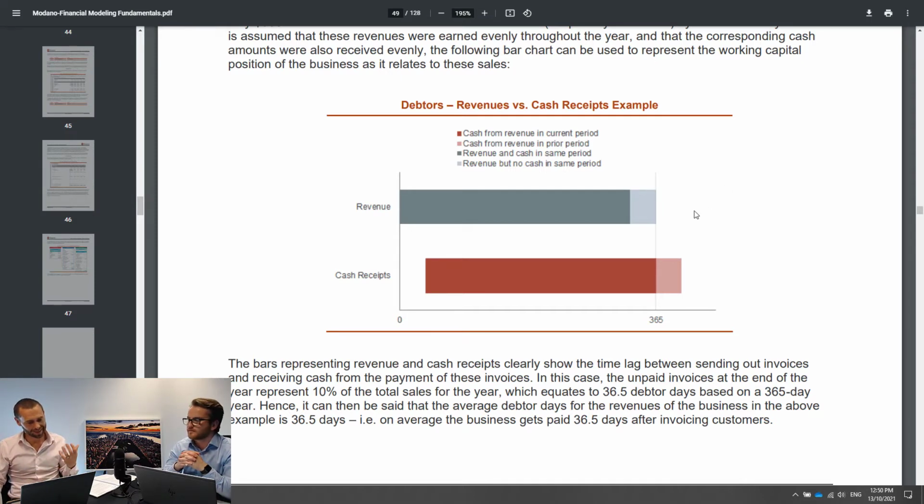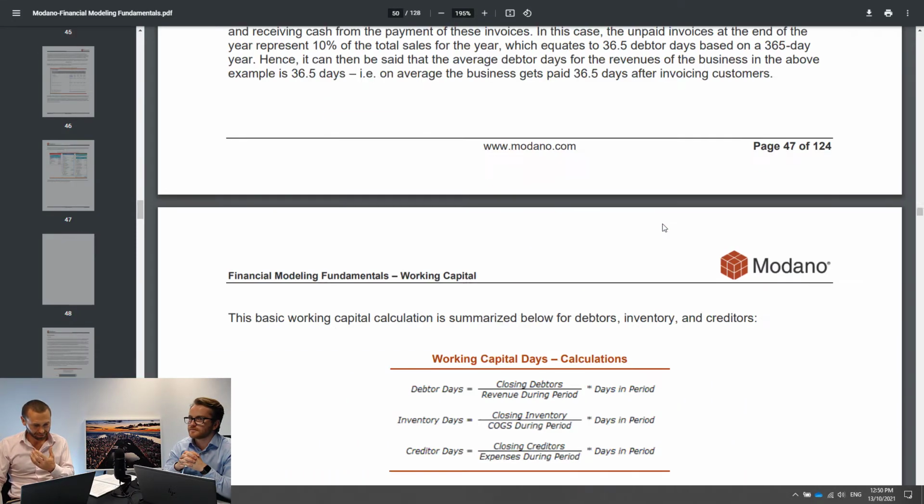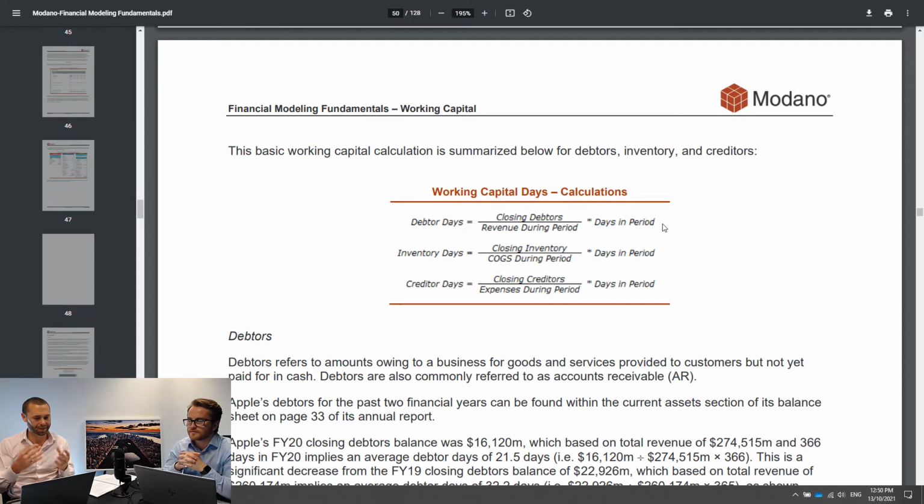Okay, and that's where what's called debtor days and creditor days come in. If you look at the calculation of the days for debtors, inventory, and creditors, I'm going to be using the term debtors throughout this course. In the US, most people refer to accounts receivable, and creditors are accounts payable, same thing. But when you look at the days, debtor days is literally the closing debtors balance divided by the revenue during the period, multiplied by the days in the period.